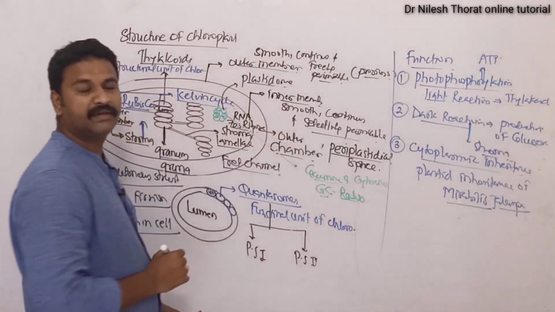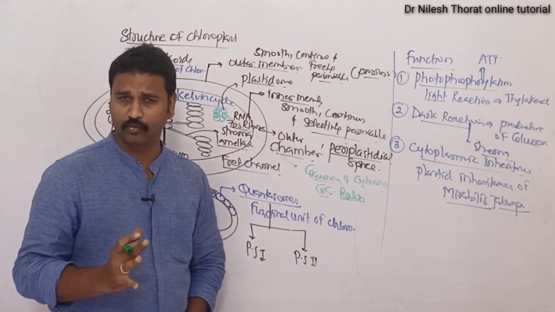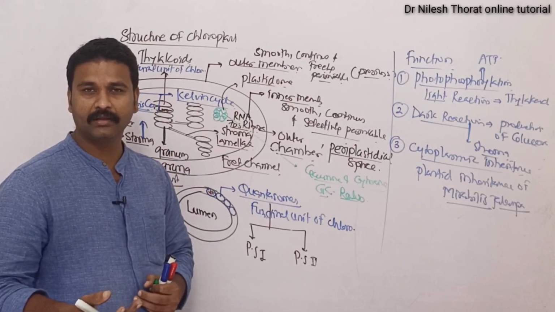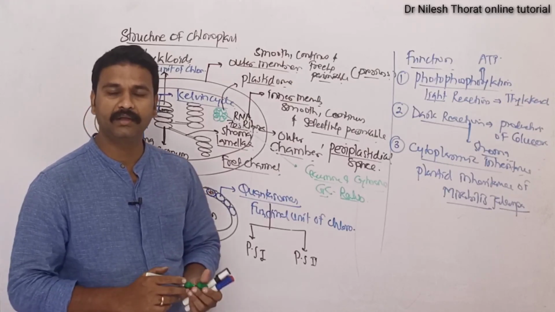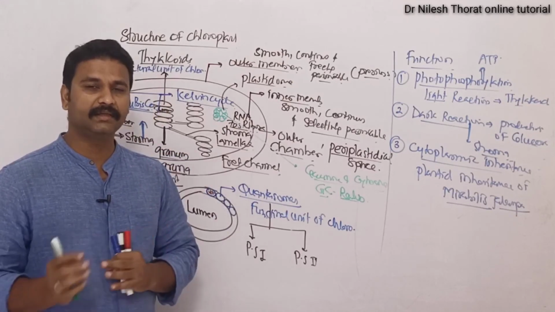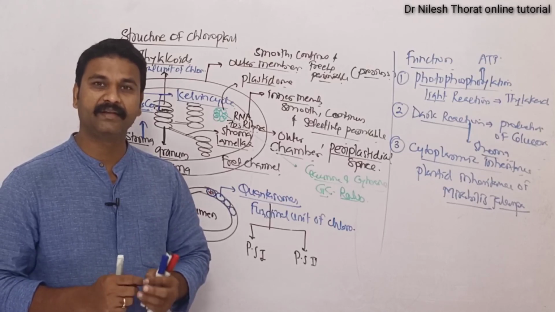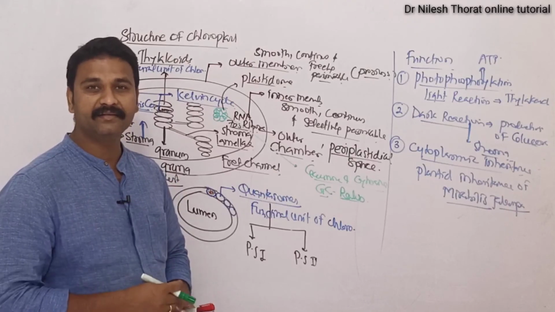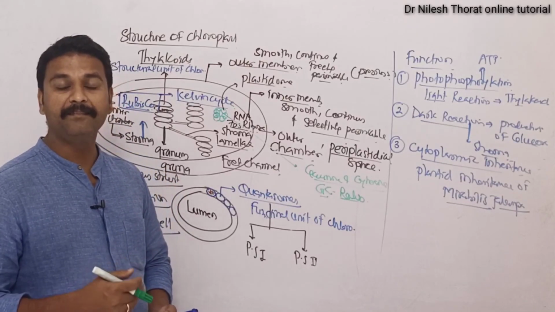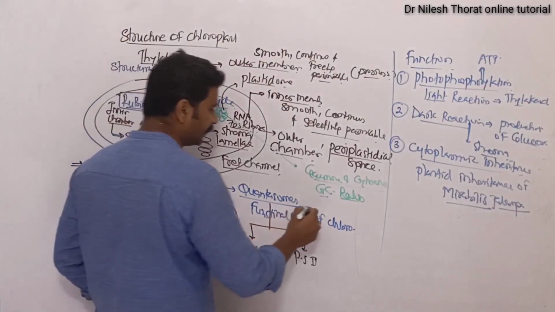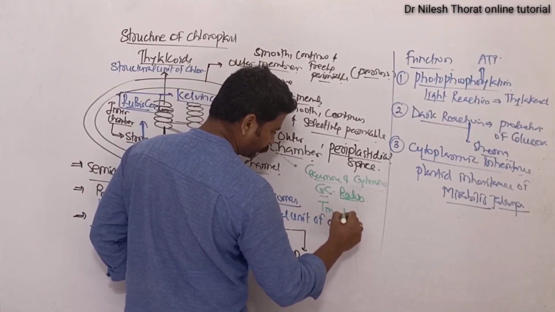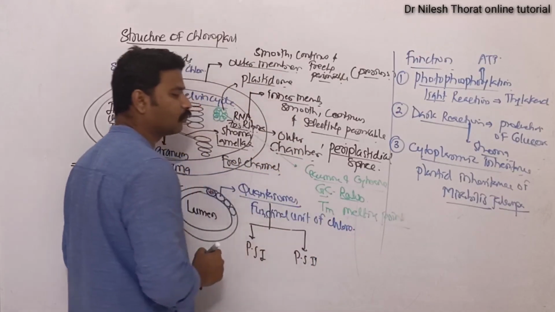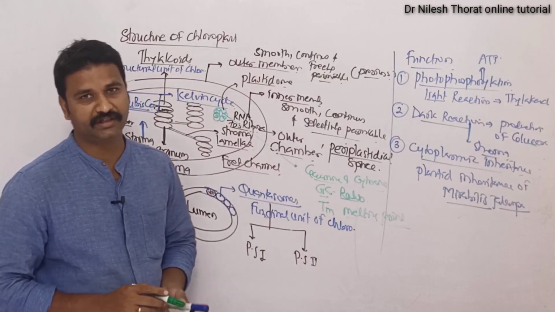So in this particular DNA of chloroplast and mitochondria, we have a large number of guanine and cytosine nucleotides, and due to the presence of these, the GC ratio of these DNAs is very high. These DNAs do not have histone protein, and due to high GC ratio, they also have a high melting point. So the Tm value, the melting point of these DNAs, is also high due to the GC ratio.